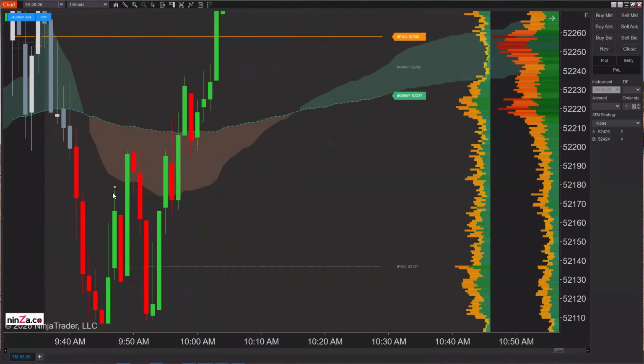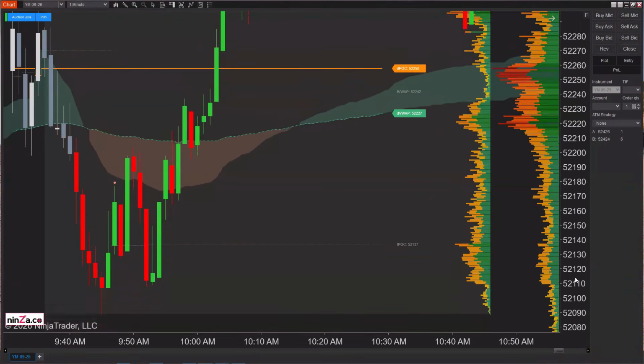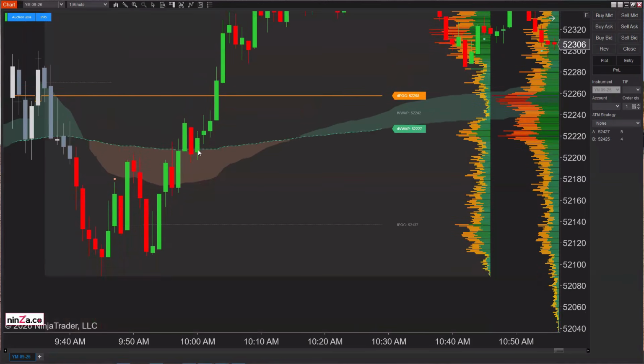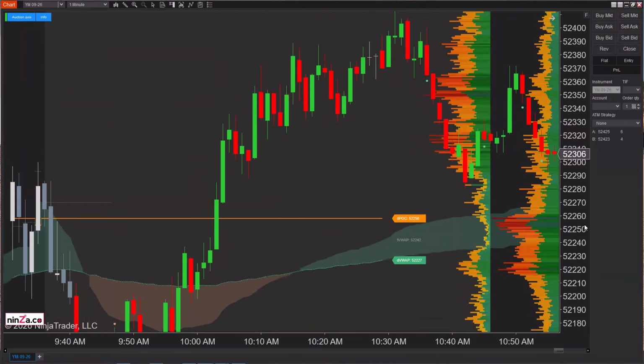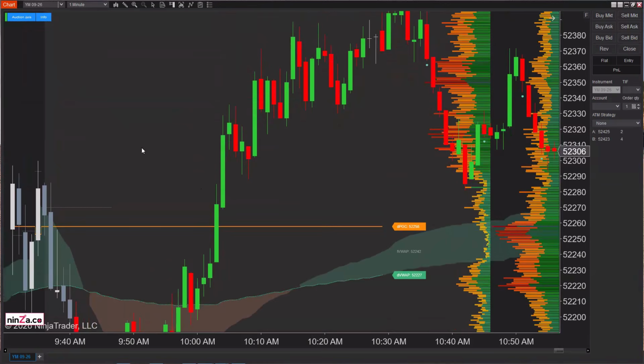Here is your resistance dot. Now, there was a decent move until they broke through it. They broke through the VWAP. They broke through the point of control. From this point now you're thinking, well, bullish. Everything now is bullish.